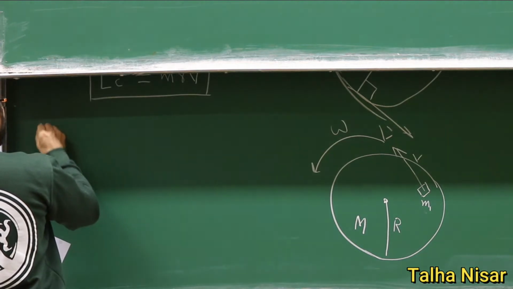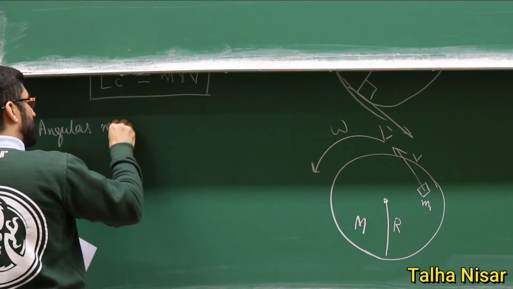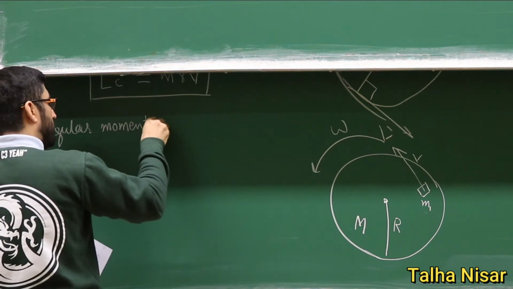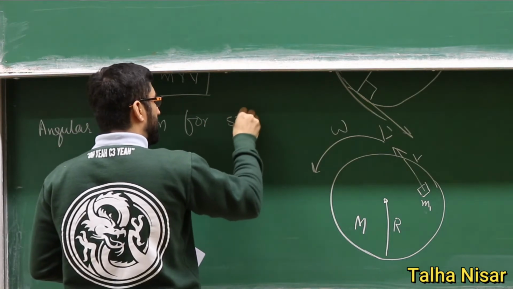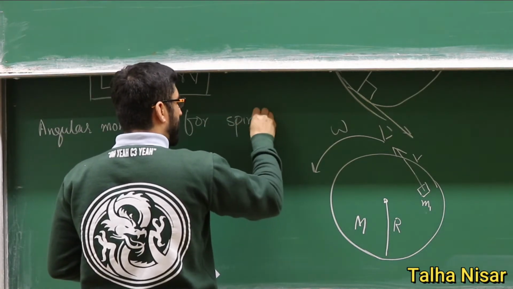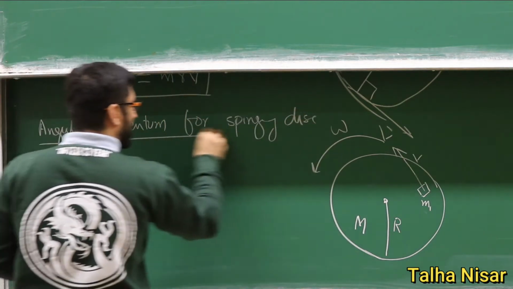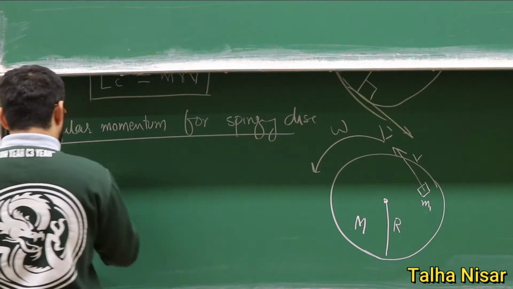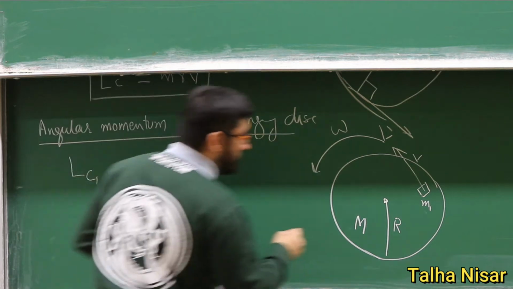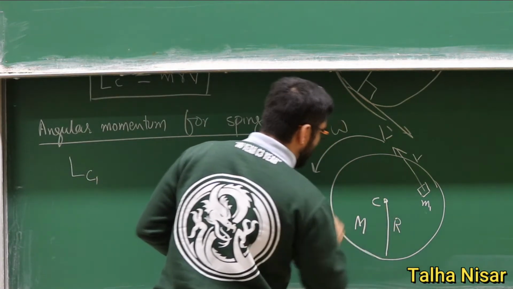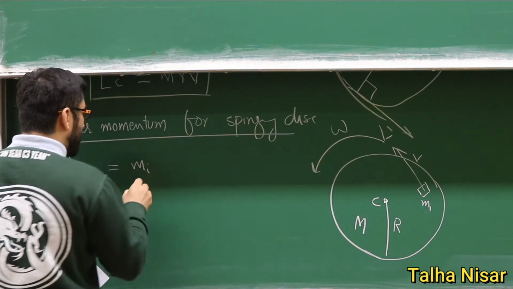Angular momentum for a spinning disk. So for the spinning disk, we have the central point C, and then we can write the small little element m_i.